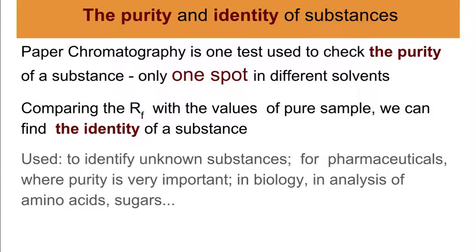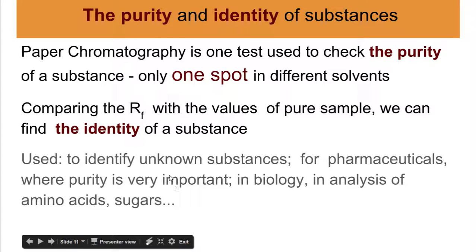So paper chromatography is used to identify unknown substances, in pharmaceuticals to check the purity of different medication, and in biology, in analysis of amino acids, sugars, etc.